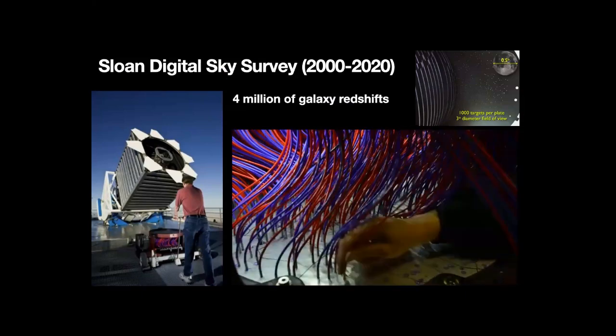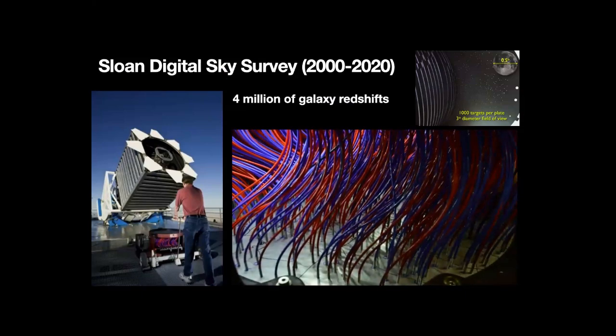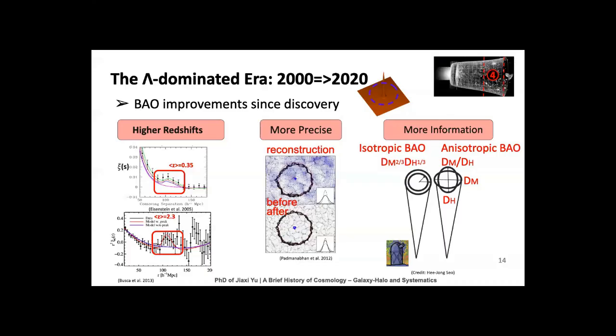We had to make more than 10,000 plates of 1 meter diameter, with 1,000 holes in each, to measure 4 million galaxy redshifts. So if you've done that after 20 years and you want to continue, you want to do it differently, right? That's also the challenge.